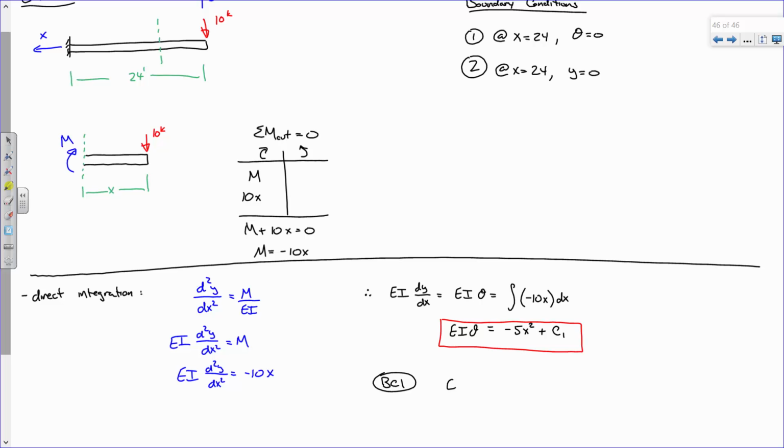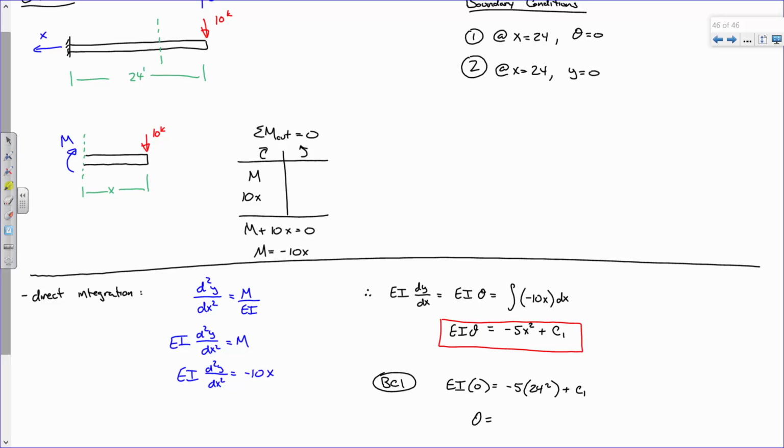So EI times 0 is minus 5 times 24 squared plus C1.